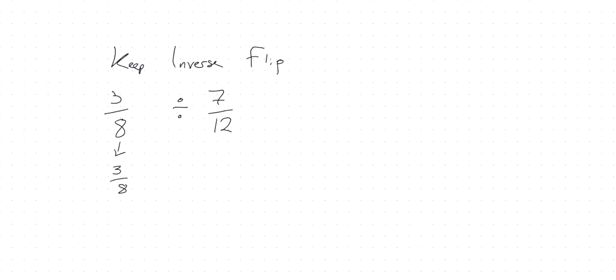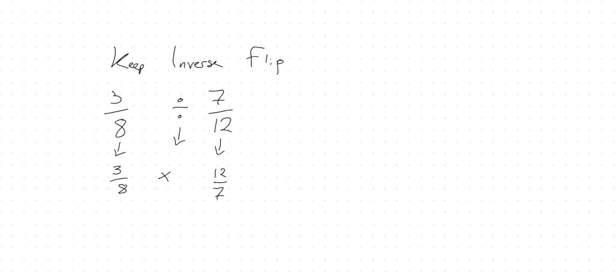Inverse means to do the opposite, so instead of dividing, I'm going to do the multiplying. And then flip means I'm going to turn the fraction upside down. So the numerator is now going to go at the bottom, and the denominator is going to go above, which becomes my numerator. So I've kept, I've inverted, and then I've flipped. So keep, inverse, flip. That's my mate Kif.